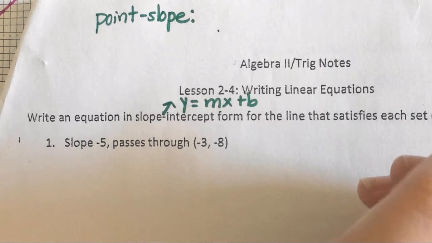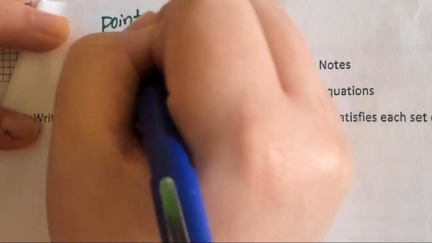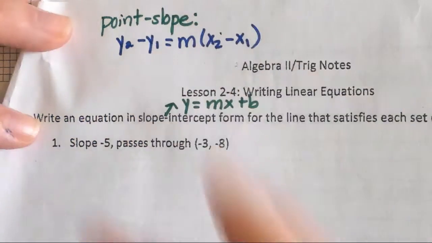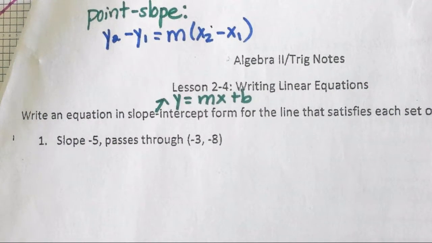I'm going to do it the way my teacher taught me, but if you learn something different and you're getting the right answers, roll with it. Okay, I learned y2 minus y1 equals m times x2 minus x1. And we're literally going to use this form when we're given a point and we're given a slope.